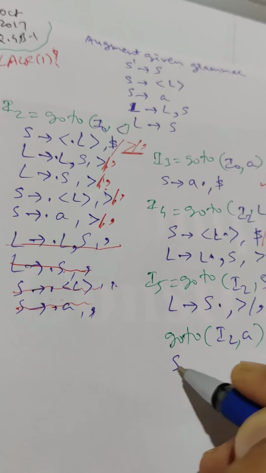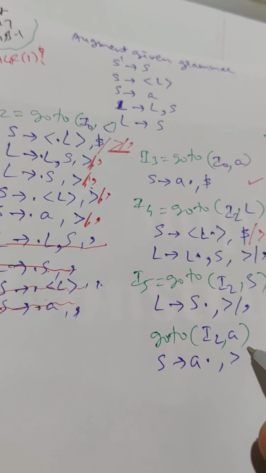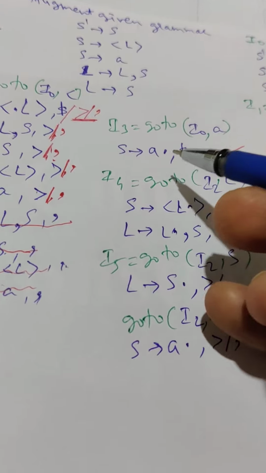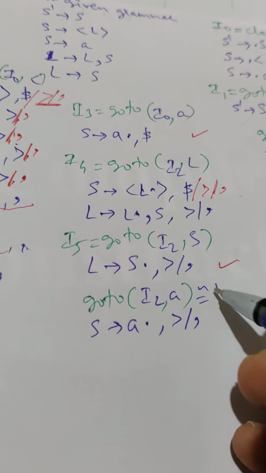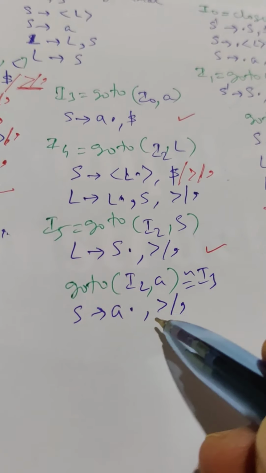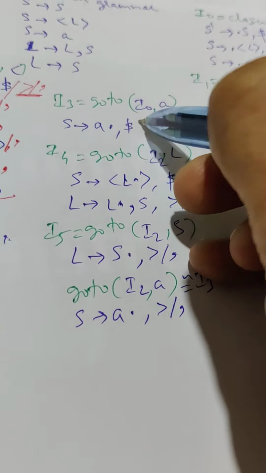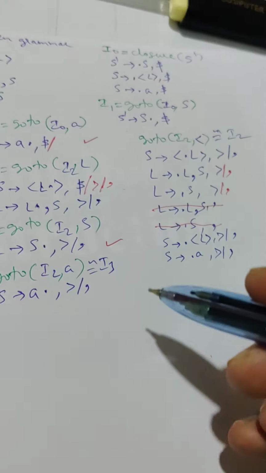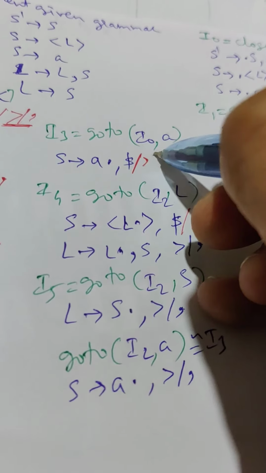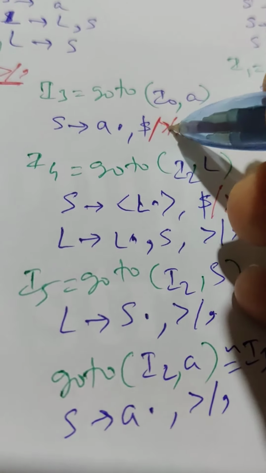So this is going to be S goes to A dot, a finish rule, and the lookahead is greater than and comma. Now S goes to A dot, this rule is already here if you're observing. So this is similar to atom number 3, not a new atom, but we got a different lookahead. So these two lookaheads we're going to go back and merge here. So here also we get lookaheads greater than and comma. So we write here greater than and comma as well. So remember again, this is a correction.